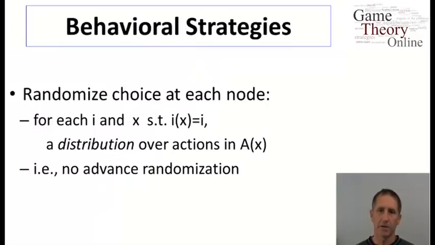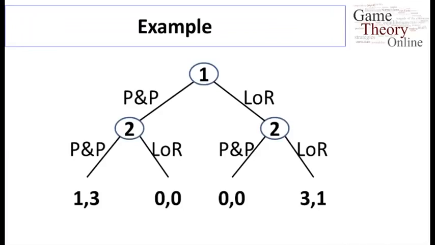A behavioral strategy doesn't take the entire pure strategy and then randomize among them, but it says independently, when I find myself at my node, let me randomize at that node. And so when I find myself at node X, I will, for example, let's look at an example here.